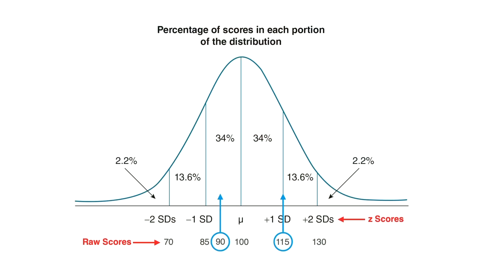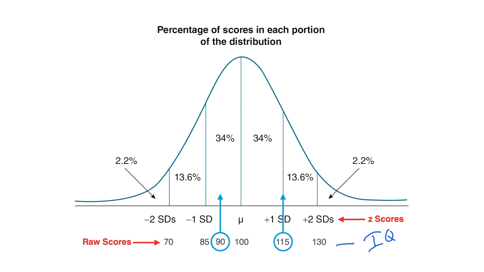So let's take a look at a normal distribution. What this curve represents is the frequency distribution of sample means, as we have already discussed. So in this example, what it exhibits is IQ scores.